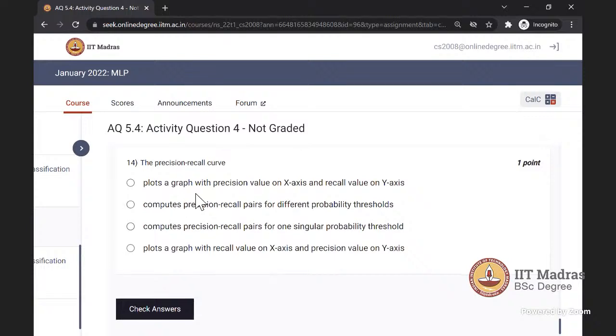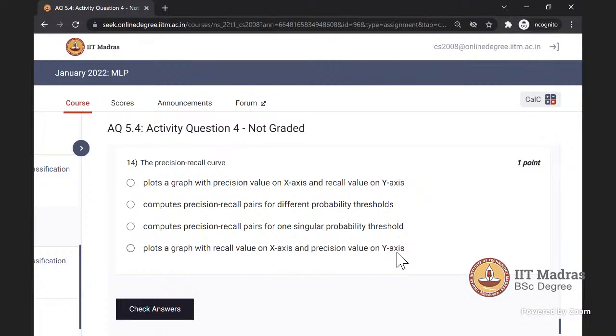This is the question I was referring to earlier. The precision recall curve plots a graph with precision on the x-axis and recall on the y-axis, or computes precision recall pairs for different probability thresholds, or for one singular probability threshold, or plots recall on the x-axis and precision on the y-axis.